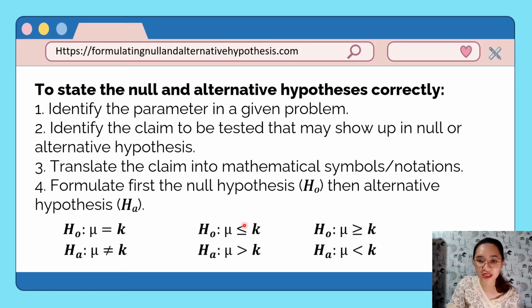Gayun din, ito kung less than or equal na ang iyong symbol, ibig sabihin ng alternate mo is yung greater than. Ayan. Ganun din dito, kapag yung null hypothesis mo is greater than or equal, syempre, ang magiging alternative hypothesis mo is yung less than. Ayan. So, kung mapapansin niyo yung mga notations natin sa alternative hypothesis, it complements yung ating nasa null hypothesis. Ayan. So, laging yung kabaligtaran.